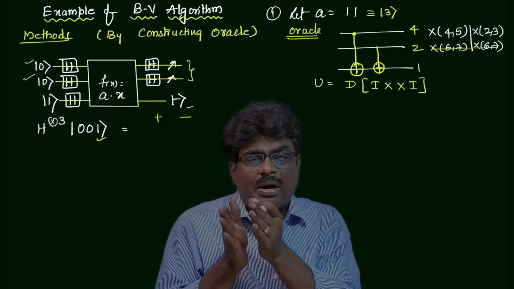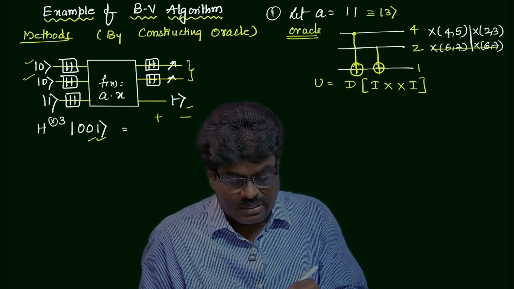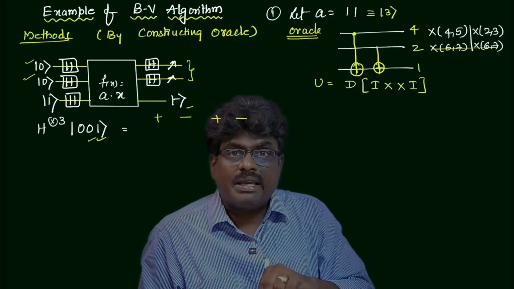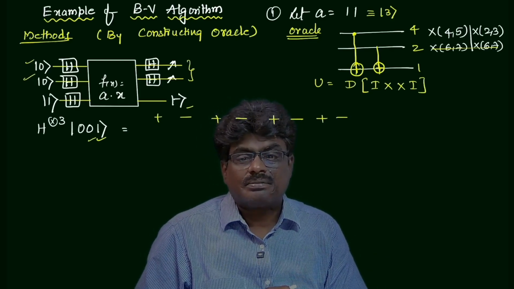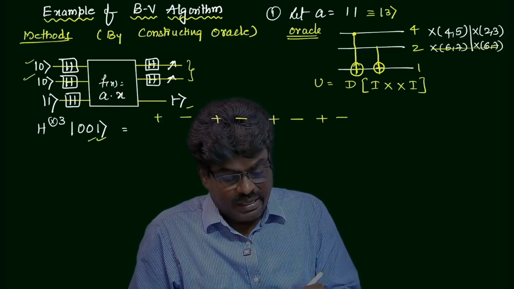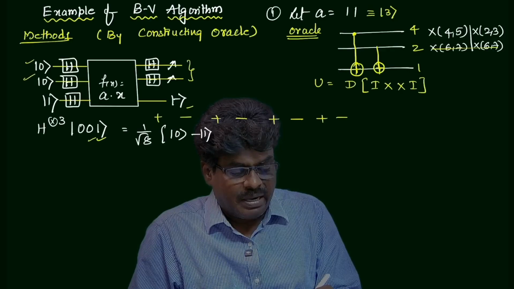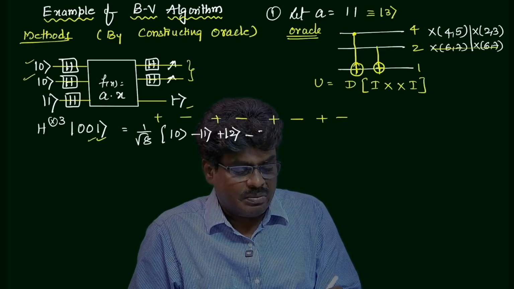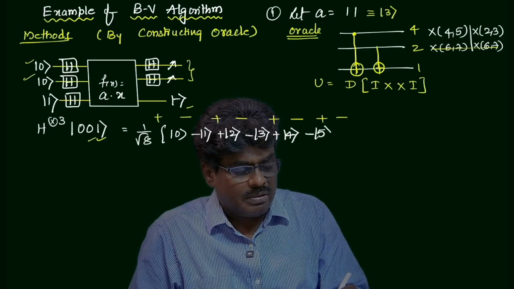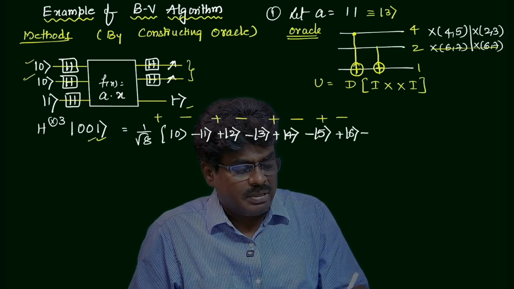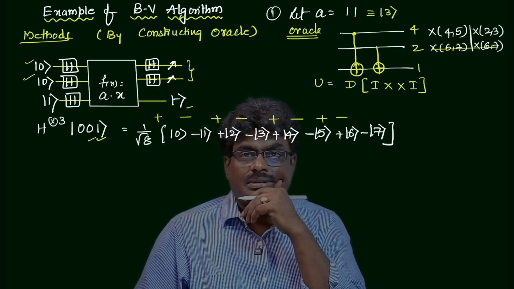So it starts with 1, giving plus minus; next 0, plus minus; next again 0, plus minus plus minus. So I can write this as 1 over root 8 times (0 minus 1 plus 2 minus 3 plus 4 minus 5 plus 6 minus 7).